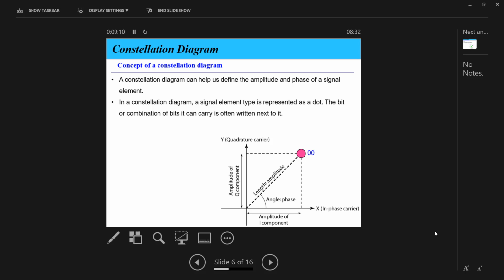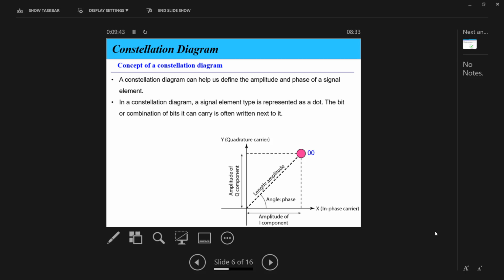Now the same concept: we need to represent multiple levels and multiple phases in high-order modulations. So we use what we name the constellation diagram. What is a constellation diagram? To understand this, binary phase shift keying was based on what? We have an in-phase carrier and an out-of-phase carrier. The carrier starts from 0 in phase, and the other carrier starts from 180.